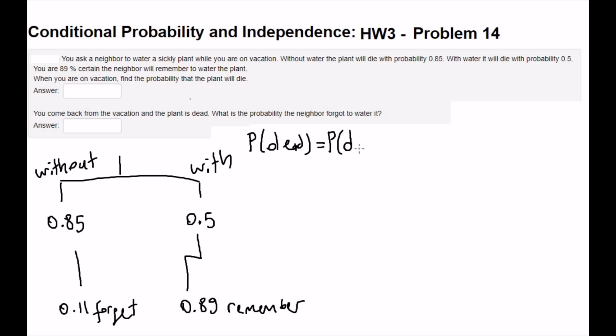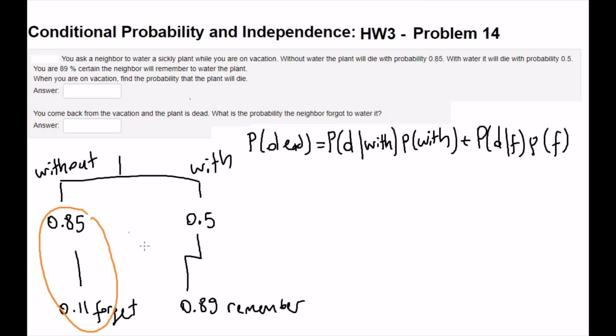Probability that the plant is dead given watered times watered. This is a different version of Bayes theorem. Plus the probability that the plant is dead given forget times the probability of forget. In application, multiplication of this plus multiplication of that. So 0.85 times 0.11 plus 0.5 times 0.89. This is the answer.